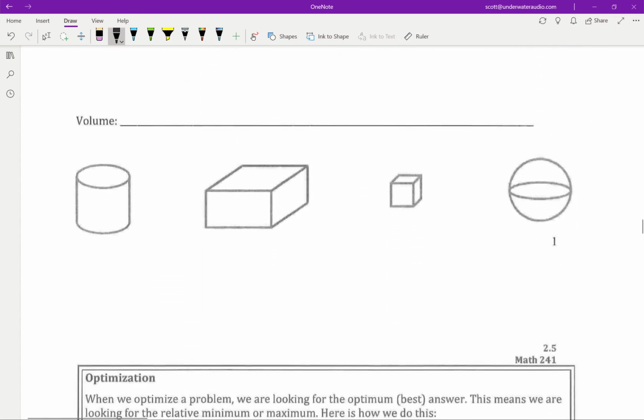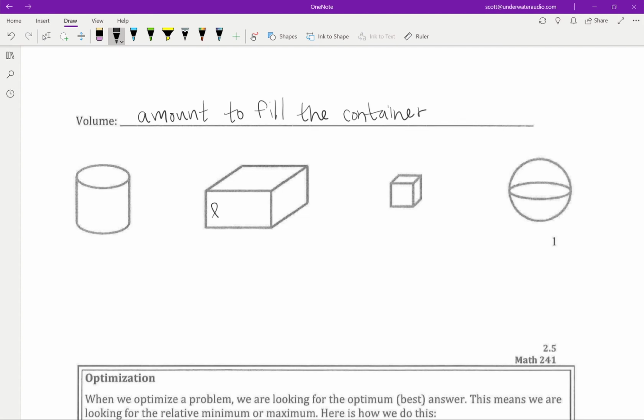Last is volume. It's the amount to fill the container. Some of them are easier than others.